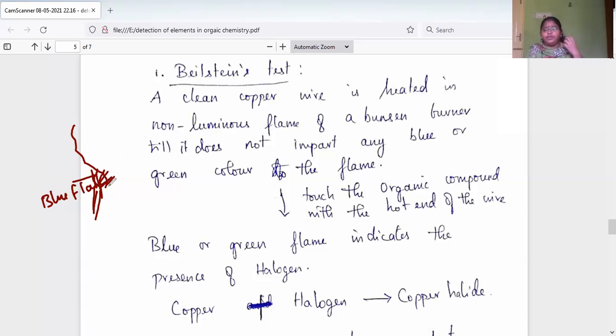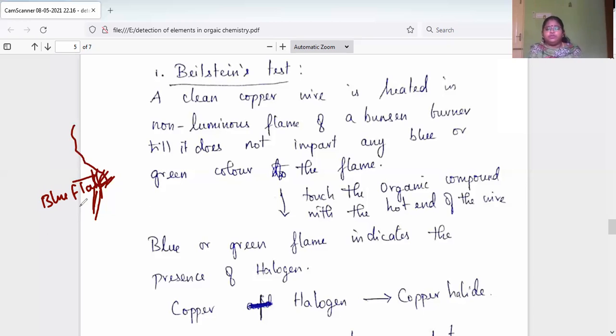After a while, you can see the flame turn blue or green. That confirms it is copper, because the copper flame test gives a blue or greenish flame.